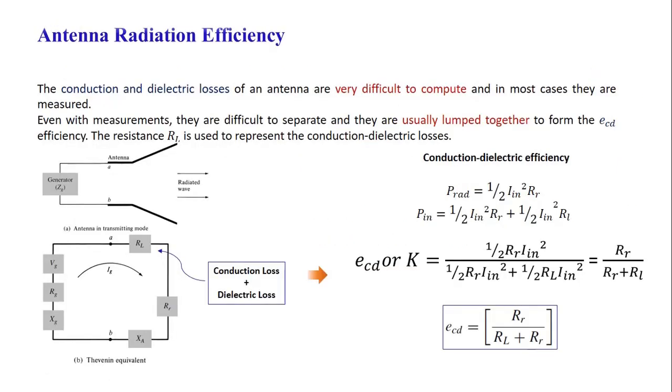Now we will see one of the important concepts, that is the antenna radiation efficiency. So antenna radiation efficiency is the parameter which relates the losses that are taking place at the input terminal of the antenna or within the structure of antenna.